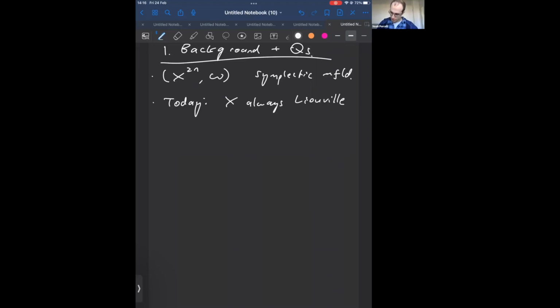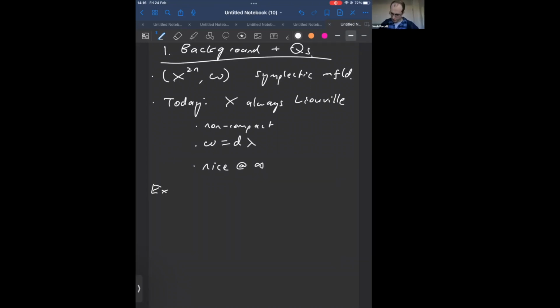So this is a non-compact symplectic manifold where the symplectic form is exact. It's d lambda for some one form lambda, and it behaves nicely at infinity. That's not a precise statement. It just means that outside of compact subsets, you have some nice behavior.